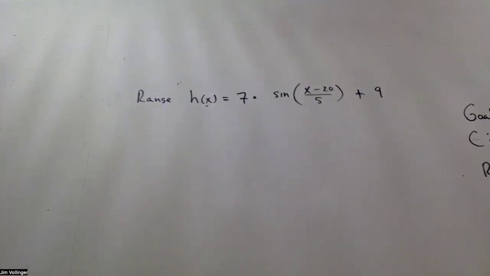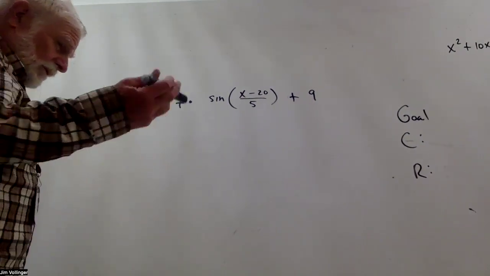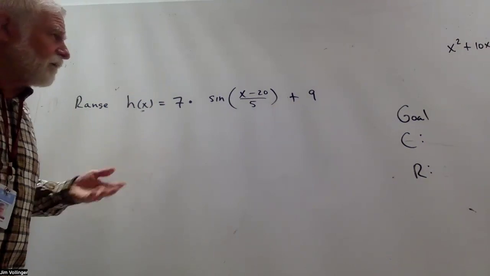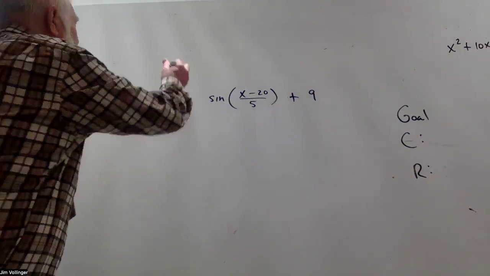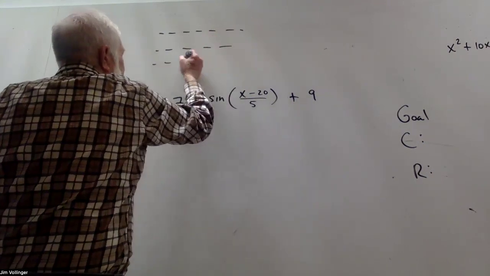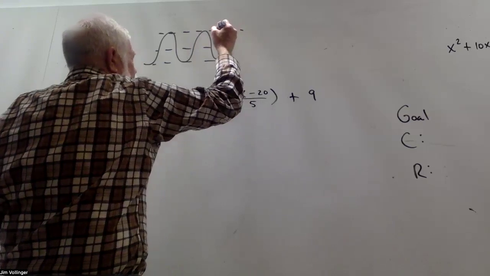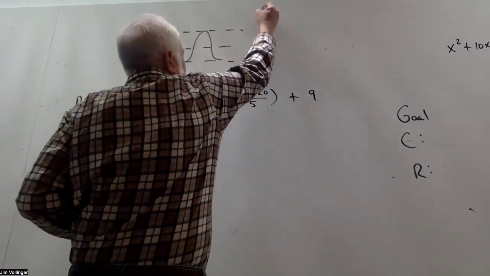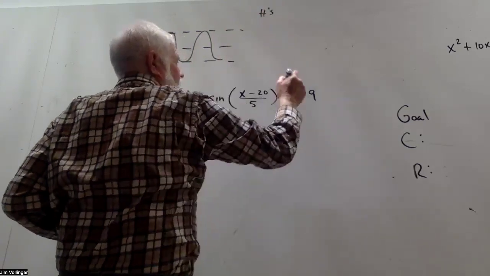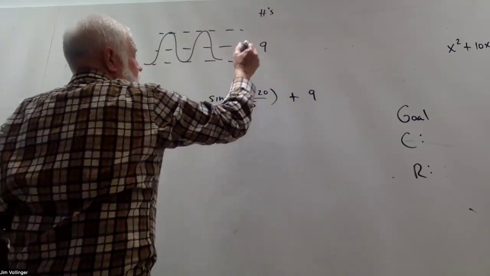All right, a couple of comments about this sinusoid. The question you'll see on the worksheet, day one, is the range. Finding the range is about as easy as it comes. Sinusoids go up, go down, go up, go down, and so on. The question is, what are the numbers over here? 9 is the center, 7 is the amplitude.